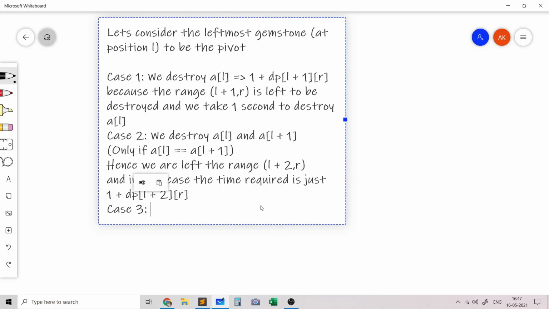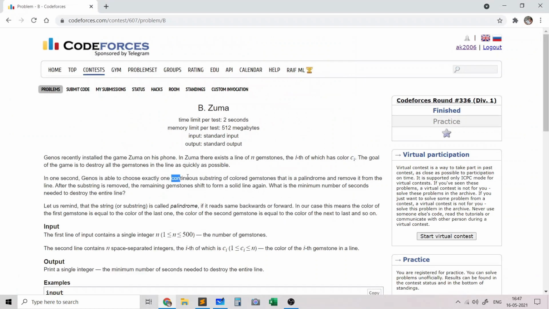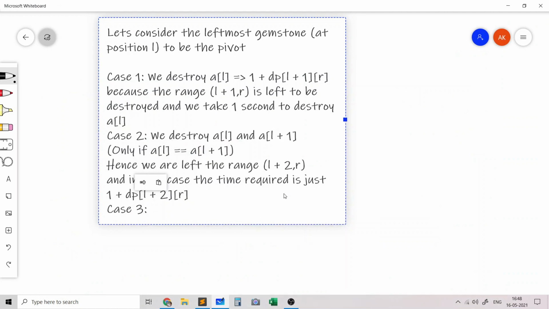So the third case is more interesting because there are actually many possibilities in which we can choose some contiguous substrings which are a palindrome, and once we remove the substring we are left with the remaining gemstones. So how do we accurately represent the fact that we are removing gemstones, and how do we convert that to a range?